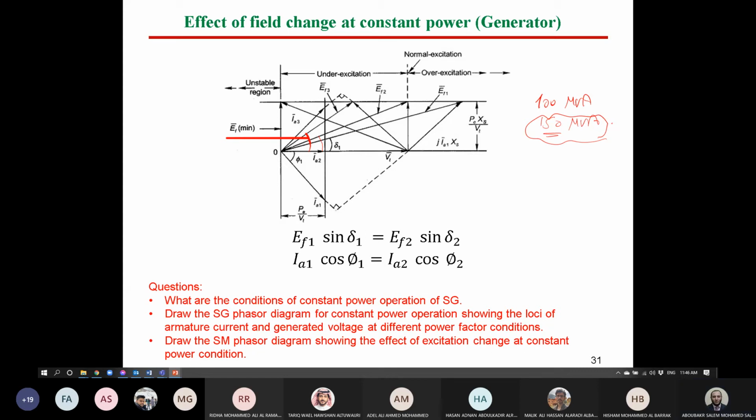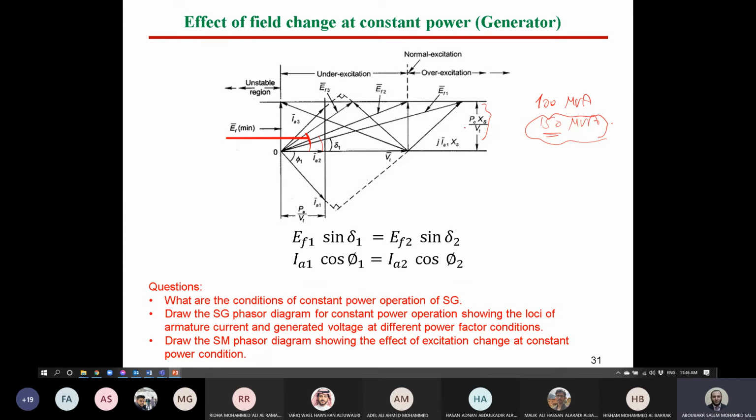Fine. We can see this phasor diagram from another aspect. Mathematically, guys, if we have a look at this length now, it is equal to P X_S over V_T.